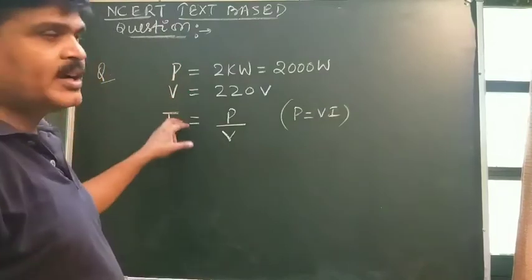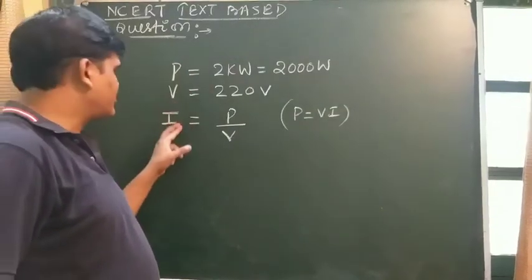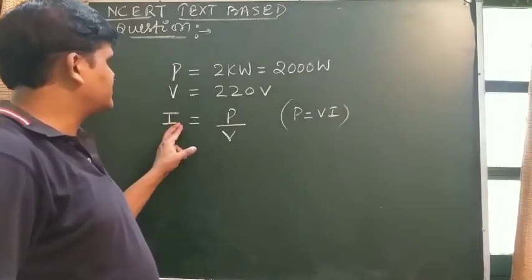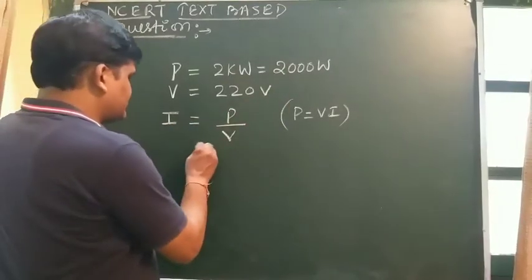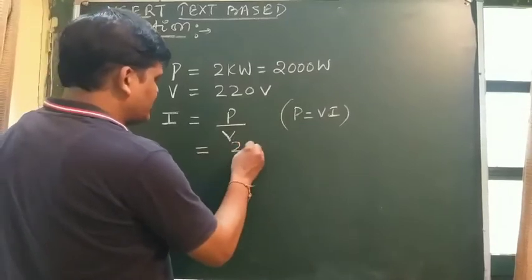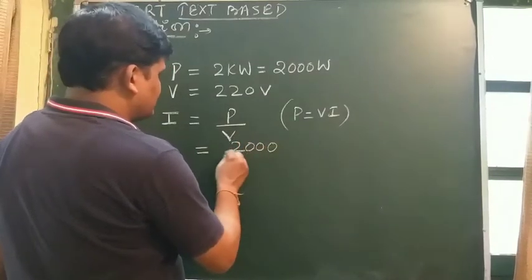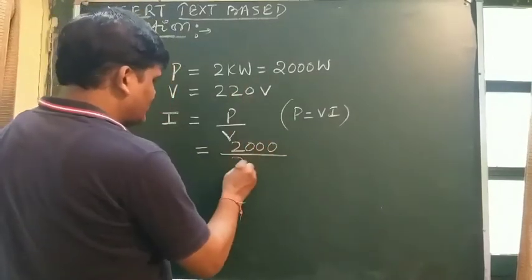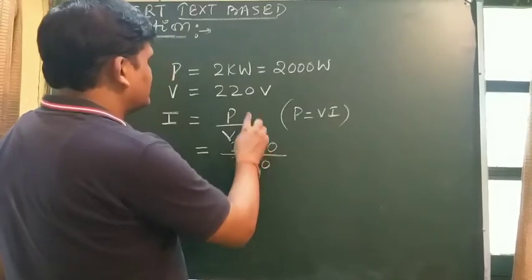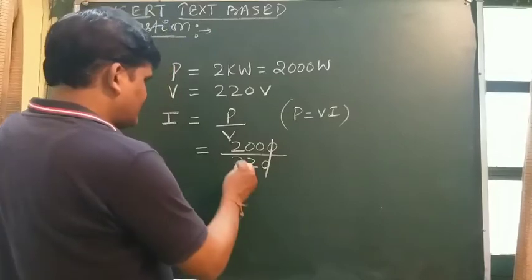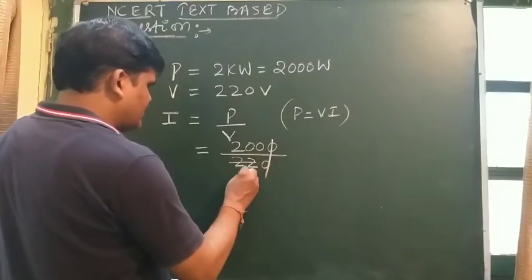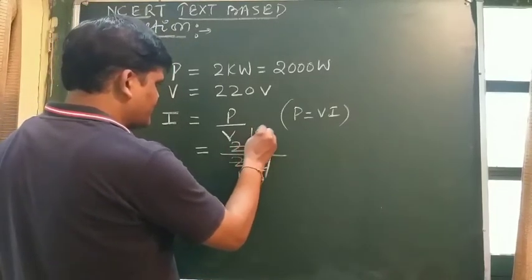So the current drawn by the electric oven is P by V, which is 2000 by 220 volt. This will be cancelled out: 2 by 11 and 200.